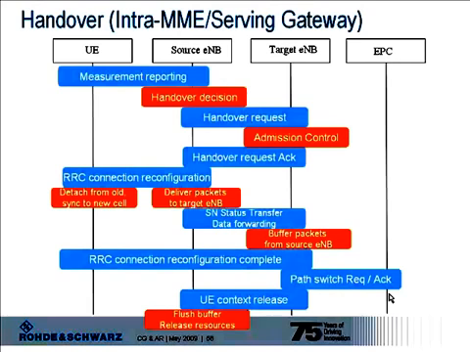Also the X2 interface between the two base stations is involved in this case. The mobility management entity is not changed. That means both base stations stay connected with the same mobility management entity or MME. So we have the case of an Intra-MME handover.